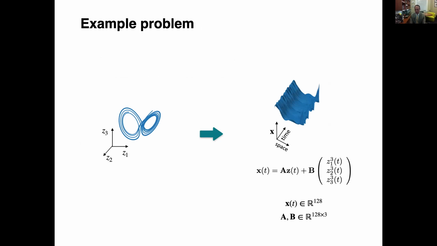Now let me give you an example. So here's what I'm going to do, just to show you how it works. I'm going to take the Lorenz problem, and that's on the left. And for each one of the Z1, Z2, Z3, I'm going to glue to it some spatial mode. So I'm going to pick 3 different spatial modes and say that each mode's amplitude is evolving according to Z1, Z2, Z3.